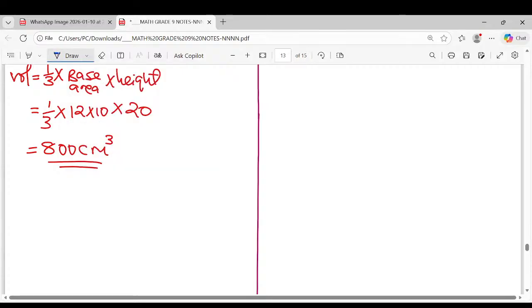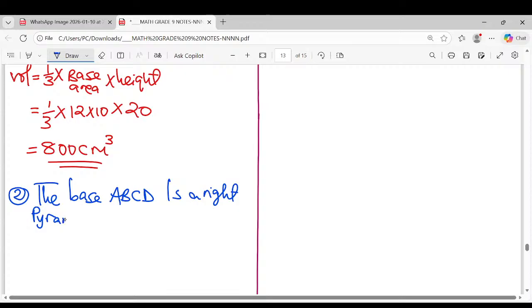You can get such a question in example 2, that the base ABCD is a right pyramid.